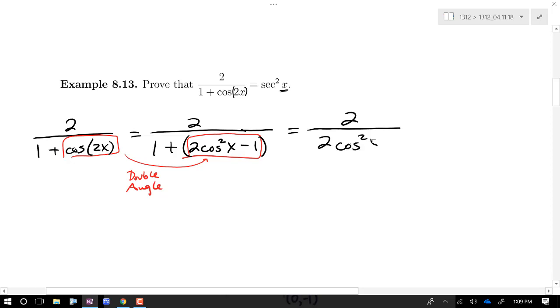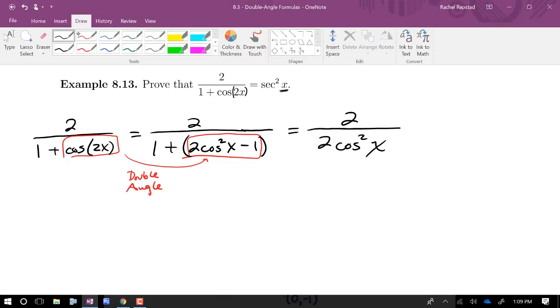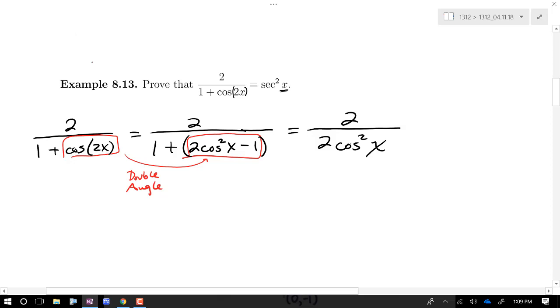Great. Now what? Cancel the 2's, yeah. Right, now it's all over but the shouting. We've got 1 over cosine squared x. And what's 1 over cosine squared x equal to? Secant, yeah. Secant squared x.